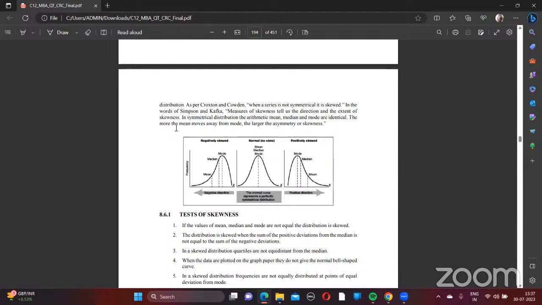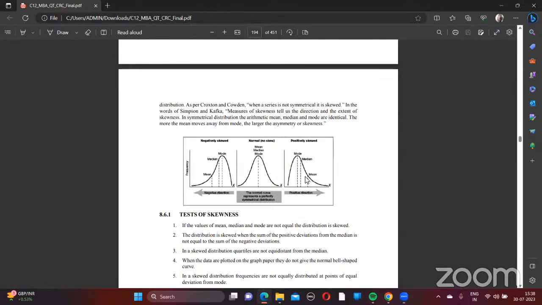The more the mean moves away from the mode, the larger the asymmetry or skewness. Here you can see the negative skew. That means the mean is less, the median is more, and the mode is more than that. Then it is a negative skew.